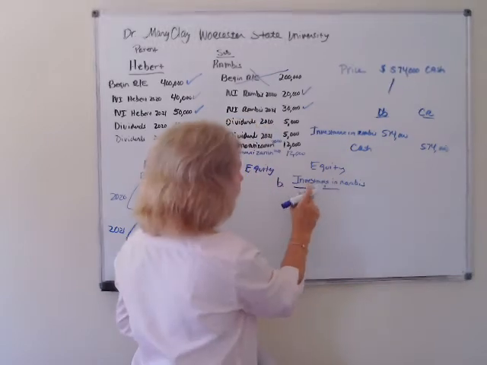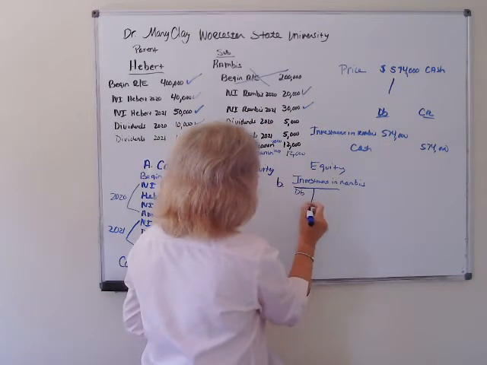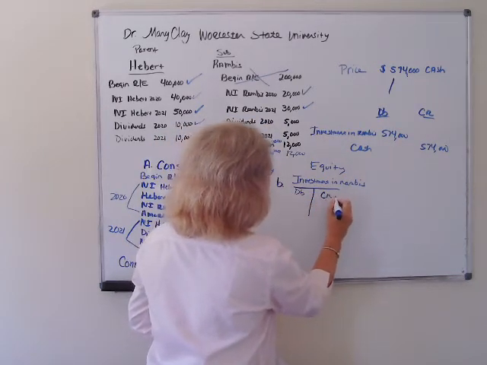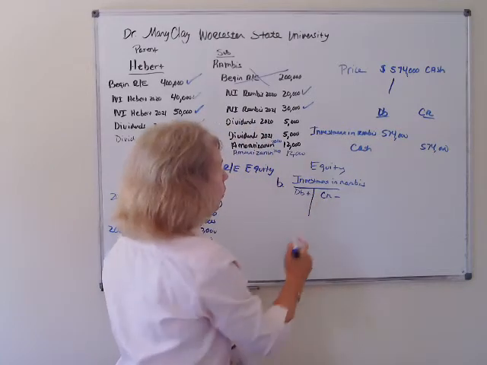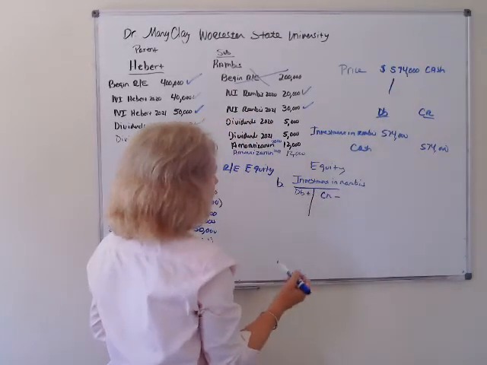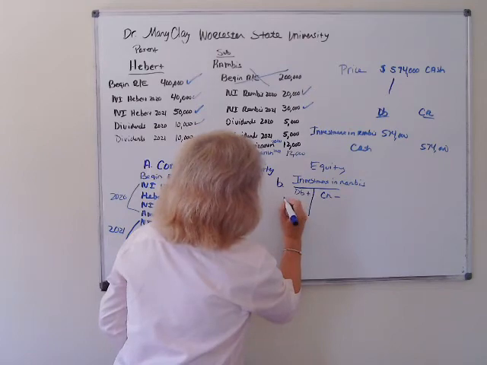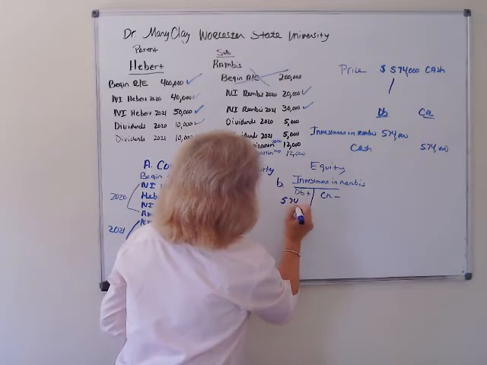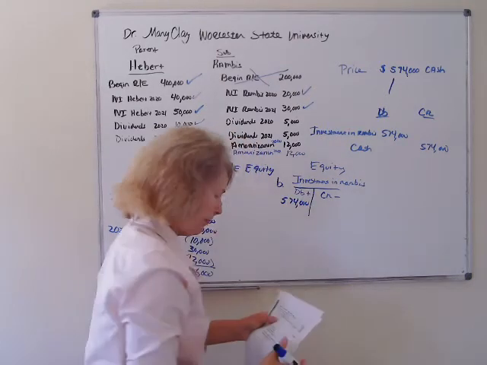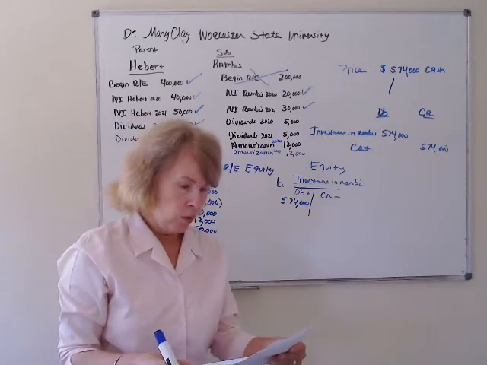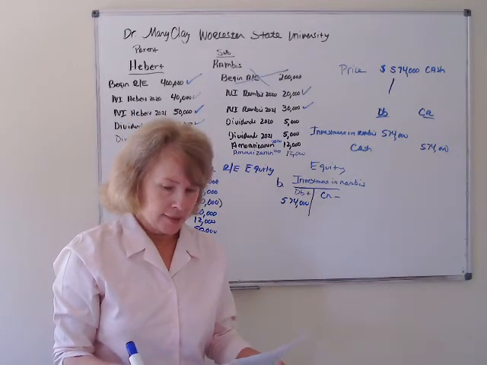This is an asset account. A debit will add, a credit will subtract. Let me bring down my first entry. I will begin with 574,000.